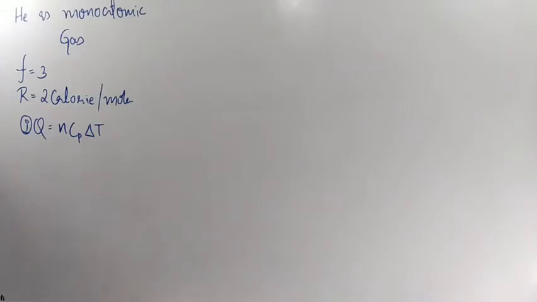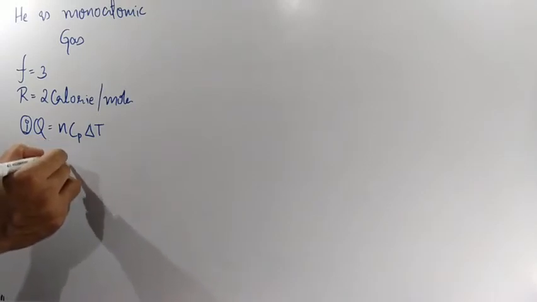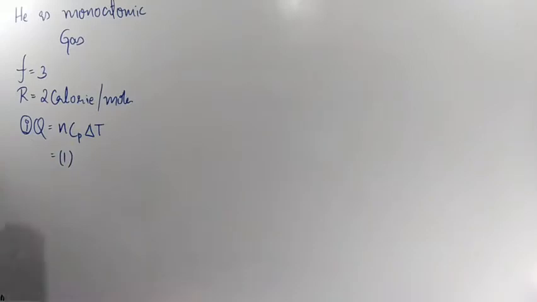Now the next step is substituting the values. What is the n value? n is the number of moles. How many moles have they given? 1 mole. So n is 1. Now we have to write Cp.